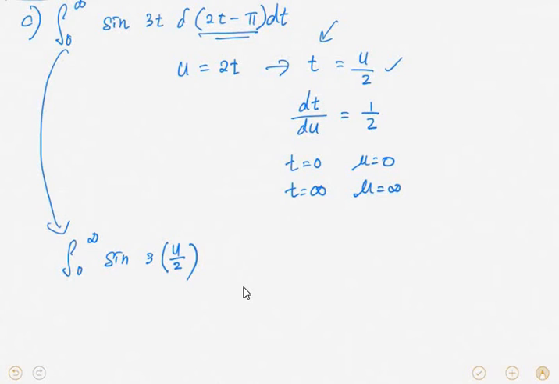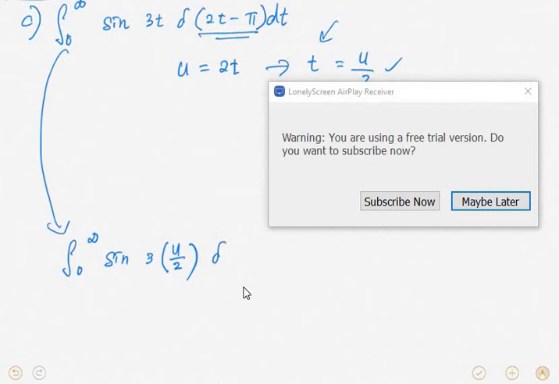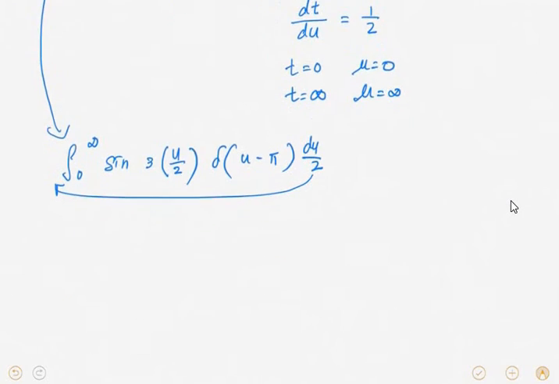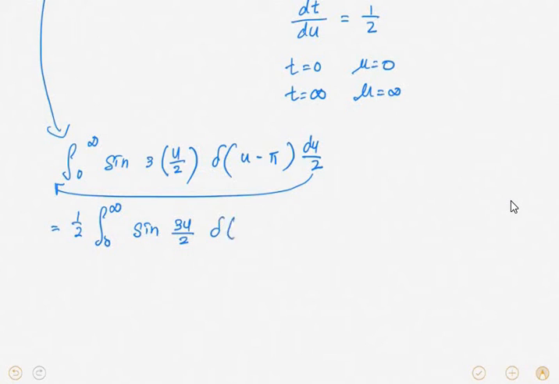We substitute the t with u over 2, and then delta 2t should be replaced with u, so u minus pi, and then dt is du over 2. Now we take this 1 over 2 to the outside as a constant. So it's 1 over 2 integration of sine 3u over 2, delta u minus pi, du. We change to du.